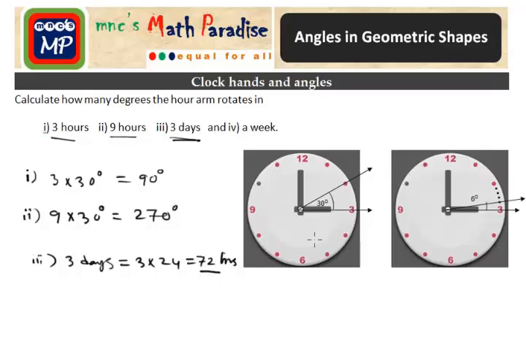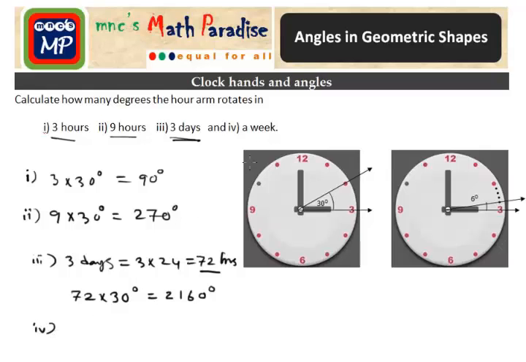So in 72 hours, in every hour the hour arm covers 30 degrees. So in 72 hours the total angle will be 72 times 30 degrees. That means if we multiply it, we will get 2160 degrees. So the hour arm will cover this many degrees in 3 days time.